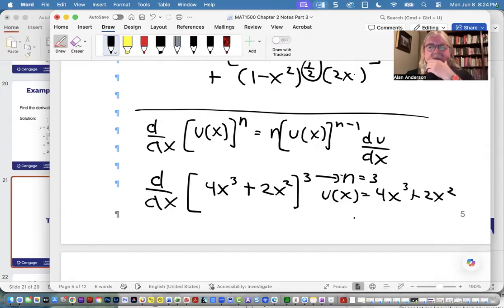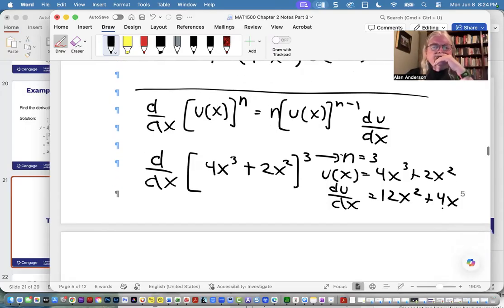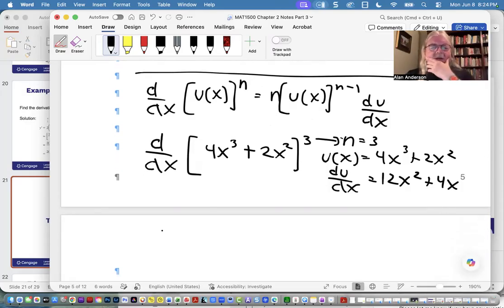And using the power rule from previous sections will give us 12x squared plus 4x. So therefore, applying the general power rule, we're going to have n, u of x, but now to the n minus 1.